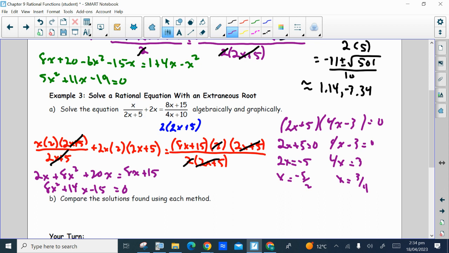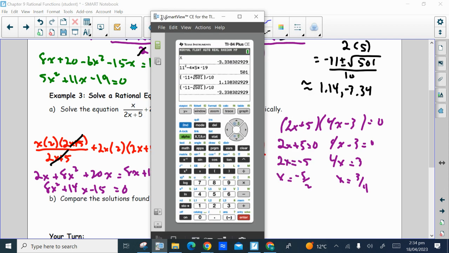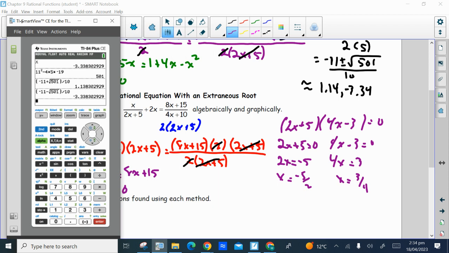Okay. Now, we want to check them. And in this case, we will check them graphically. y1 will be the left side, which I'm going to have to use some brackets here to keep the rational expression together and also to keep the denominator together.